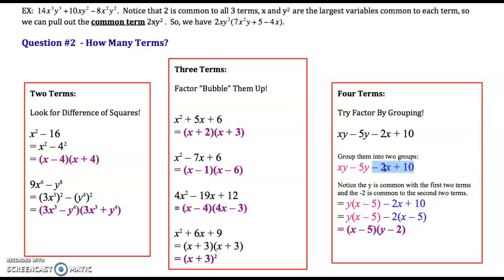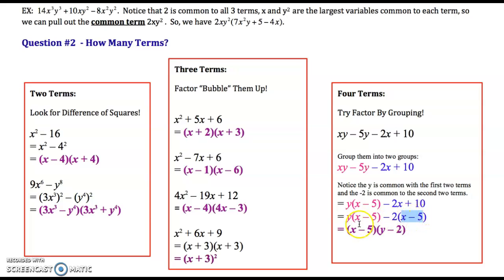If I pull out a positive 2, I would end up with a -10 if I multiplied it in, and I don't want that. So I'll pull out a -2, and I'm left with an x, and then 10 divided by -2 is -5. So notice that this is a -5, and it's common to this -5.